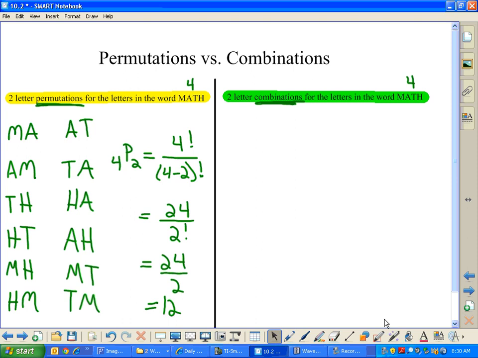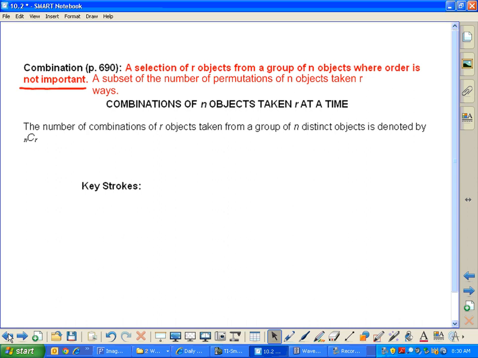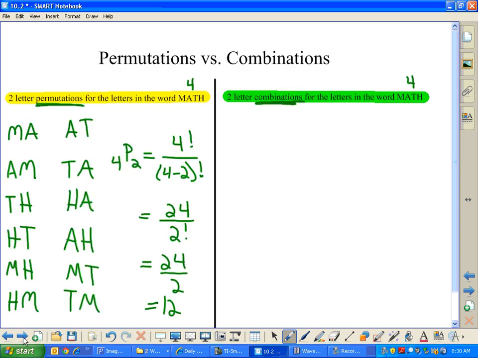Okay, now combinations, the visual difference between the two. We notice in our definition, if I scroll back a slide here, I underlined it because it's super important. In combinations, order is not important. So I don't need all of these arrangements. Out of the MA/AM arrangement, I just care that I get 2 of the letters.